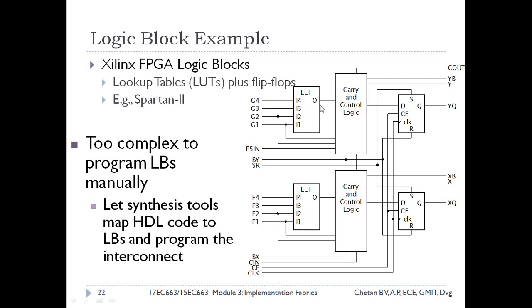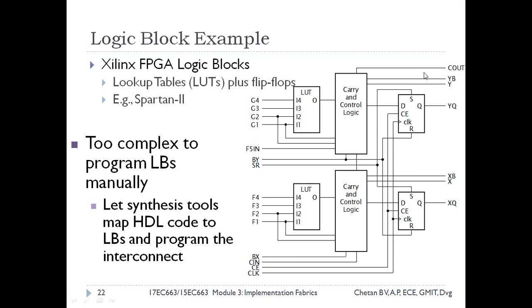The output of the lookup table is applied to the carry and control logic. This carry and control logic consists of combinational components which combine the output of the lookup table. Along with that it also consists of XOR gates and AND gates to implement adders and multipliers, and also multiplexers for fast carry chain. At the output of this carry and control logic we have a register implemented by a D flip-flop.